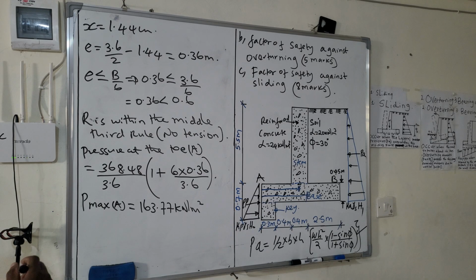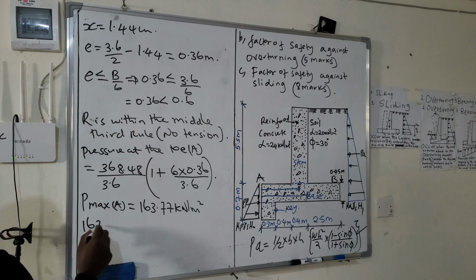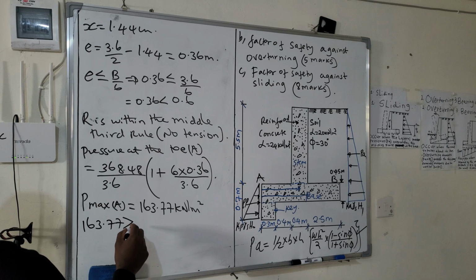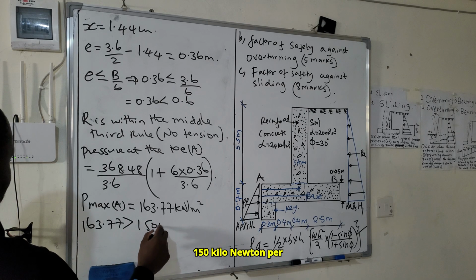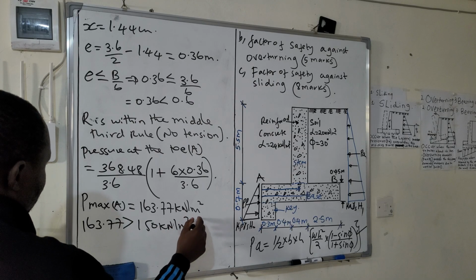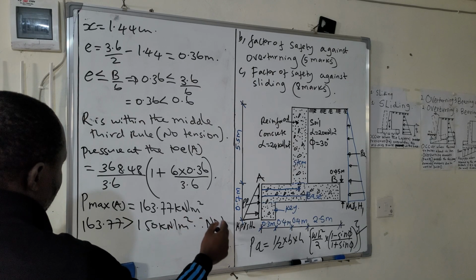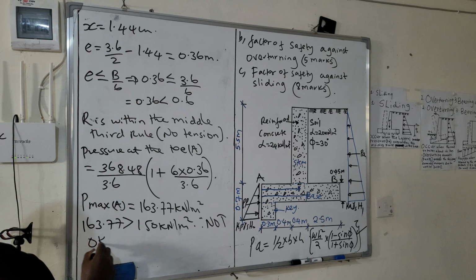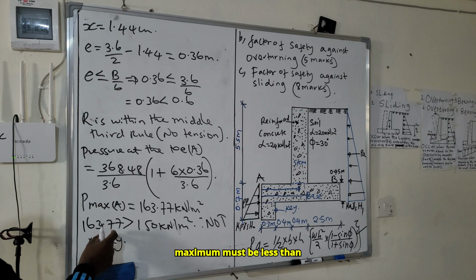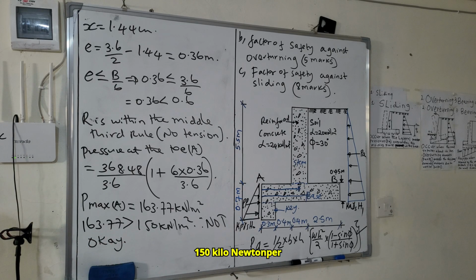So it means 163.77 is greater than 150 kilonewton per meter square. Therefore, not okay. So for it to be okay, this P maximum must be less than 150 kilonewton per meter square.